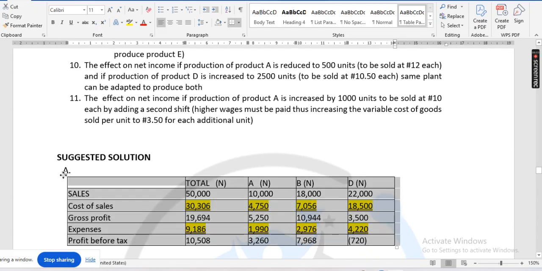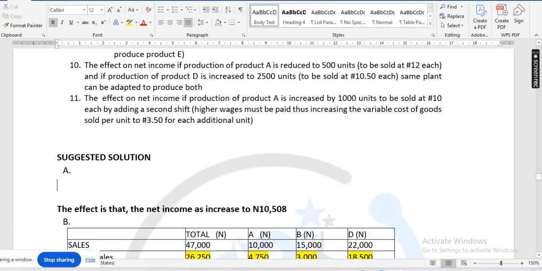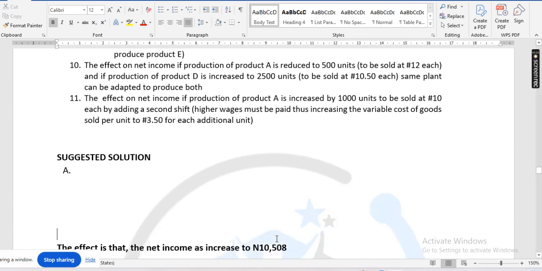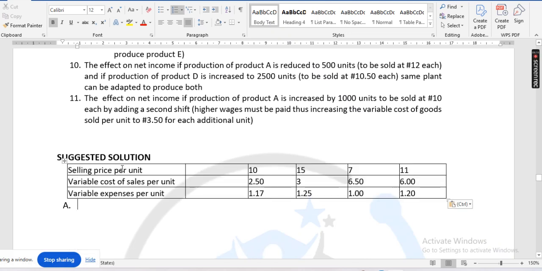Let me quickly delete this table. Okay, I have to do that. So, just a solution A. I'm supposed to do something, yes.